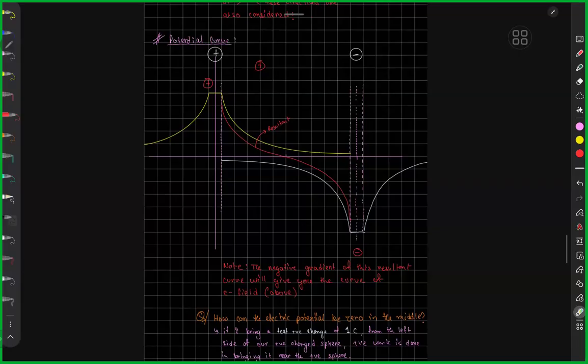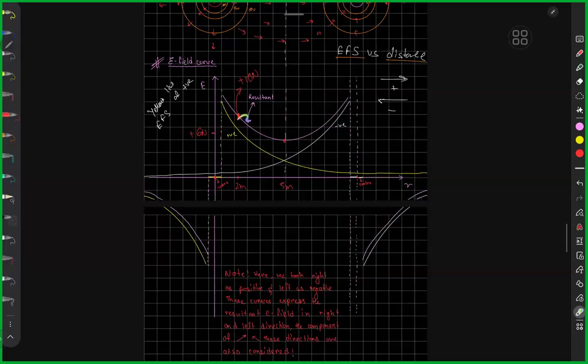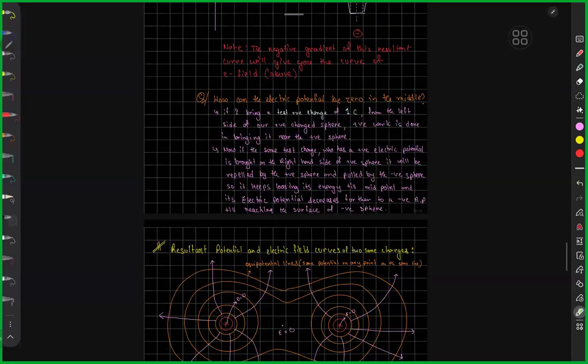So the potential curve represents what the work will be done on a test positive charge, 1 coulomb of charge, at every single distance. That is the red line. And this pink line represents the net force with direction on a test positive charge or 1 coulomb of charge. Okay.